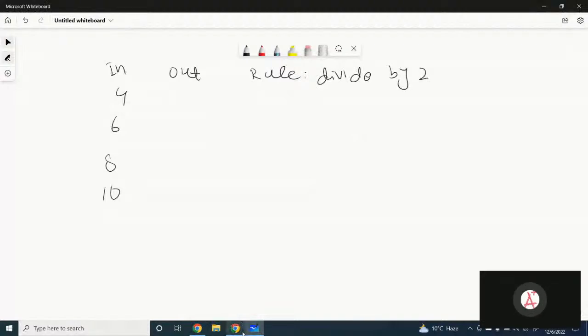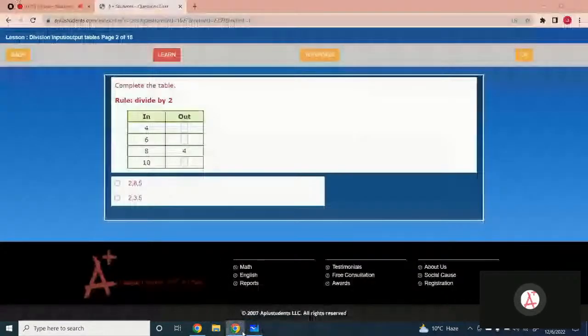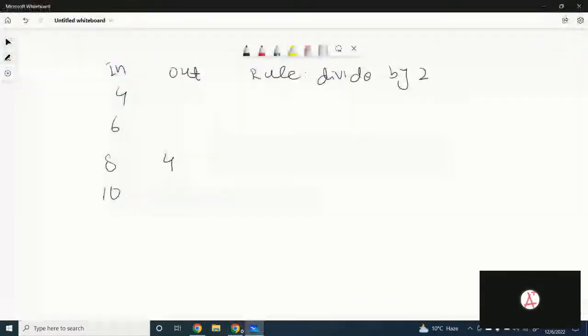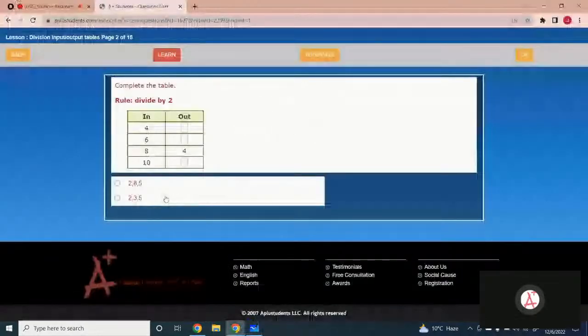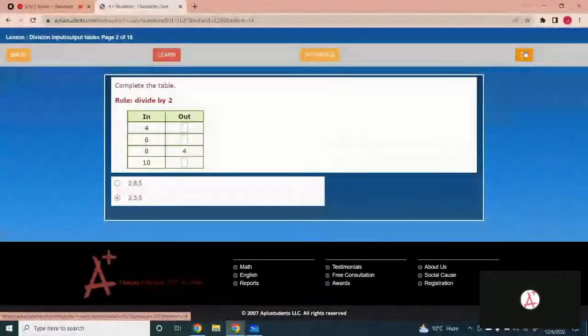You have just one given value, that is the 4. 4 divided by 2 is 2. 6 divided by 2 is 3, because 2 times 3 is 6. And 10 divided by 2 is 5, because 2 times 5 is 10. It would be 2, 3, and 5. Got it, everyone? So just select the correct option, then click on the OK button.